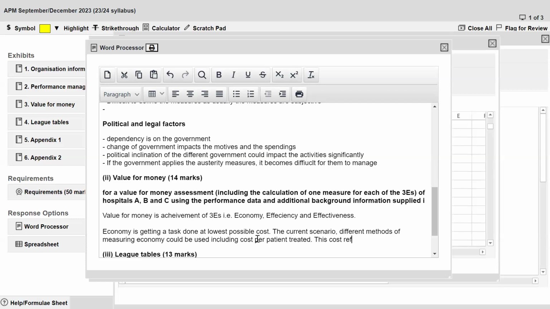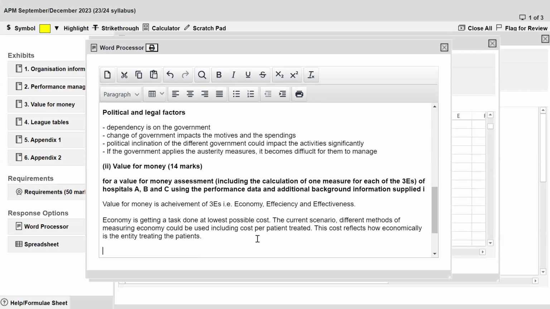This cost reflects how economically the entity is treating the patients.